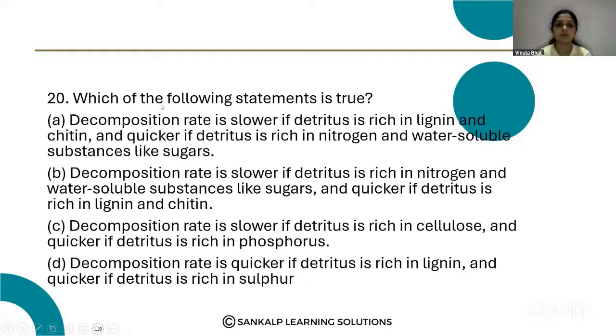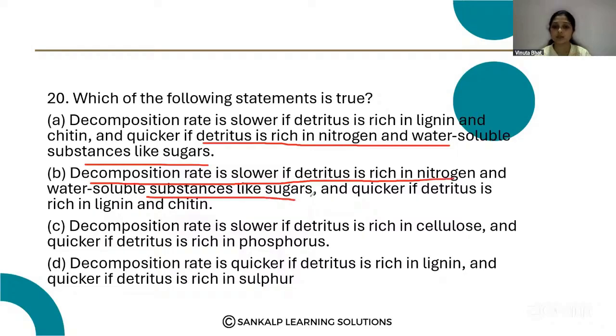Question number 20. Which of the following statements is true? Option A: Decomposition rate is slower if the detritus is rich in lignin and chitin, and quicker if detritus is rich in nitrogen and water soluble substances like sugars. Option B: Decomposition rate is slower if the detritus is rich in nitrogen and water soluble substances like sugars, and quicker if detritus is rich in lignin and chitin.